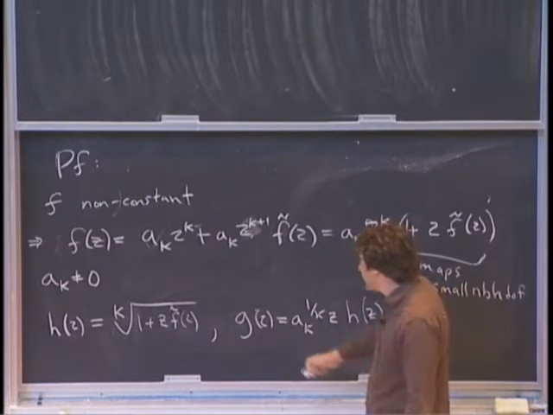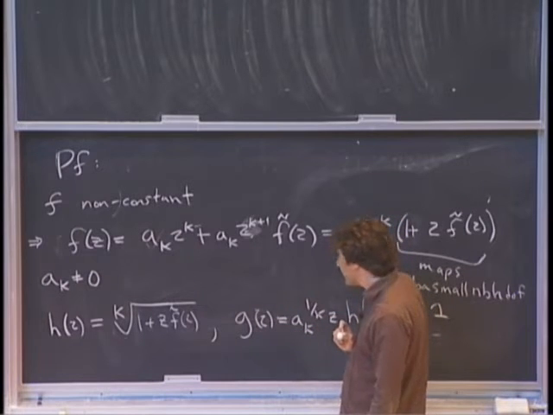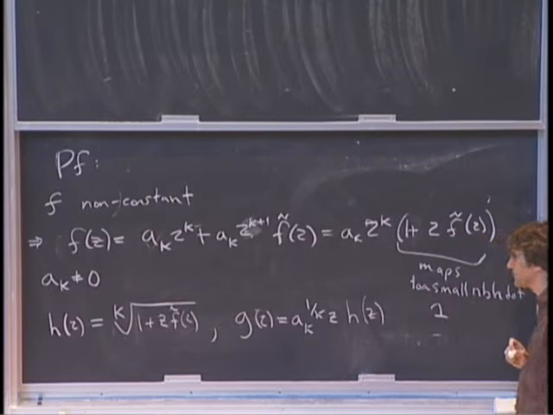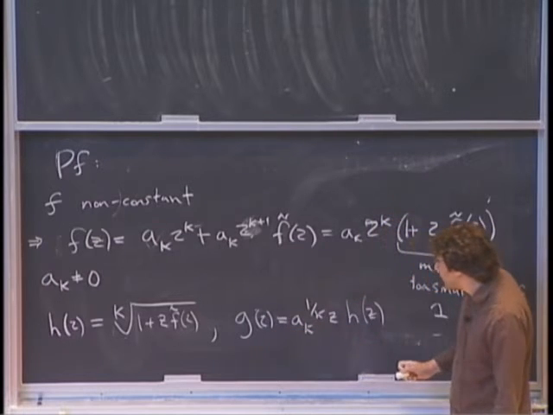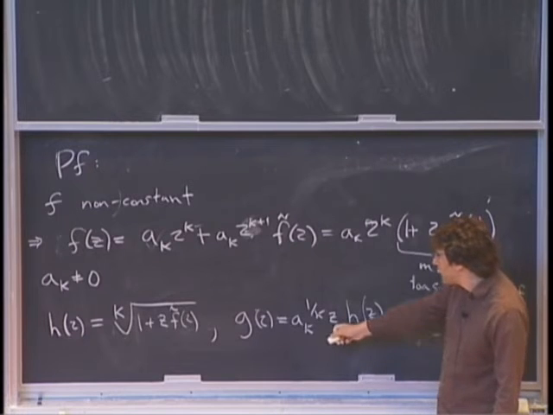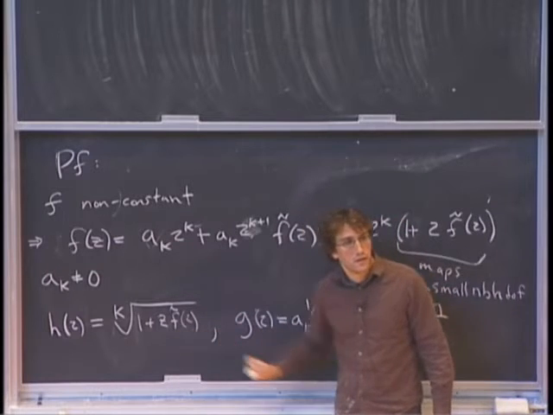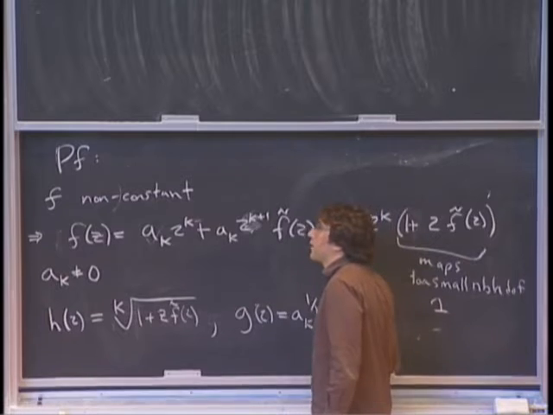And it's easy to see that if we take this to the kth power, we get back to f. And the point is, if we compute the derivative of this guy at 0, then if the derivative lands here, we get 0. But on the other hand, if the derivative lands here, we get h of 0, which you can see has to be 1. So we're done. Okay, so that proves this complex analysis lemma.